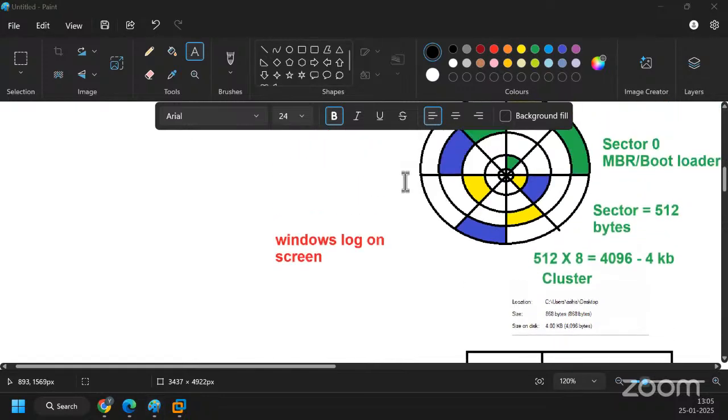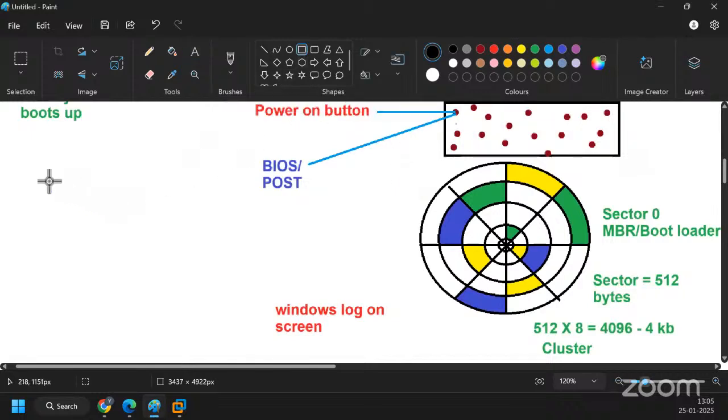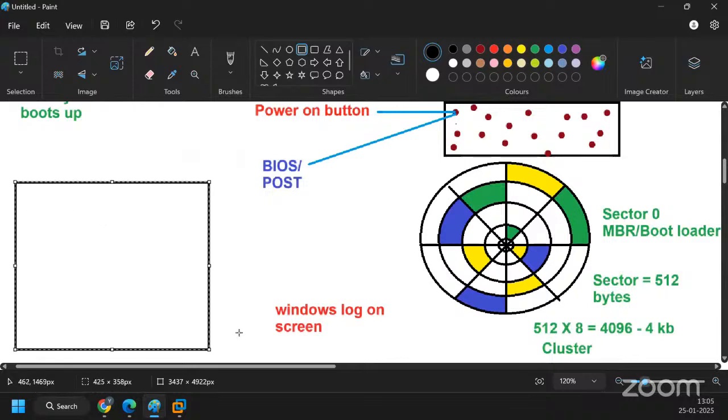Now, over here, we are going to talk about sector 0, as we were saying, that it contains our MBR and the bootloader inside of it. So let's say this is sector 0, and inside of that, we will have some partitions.